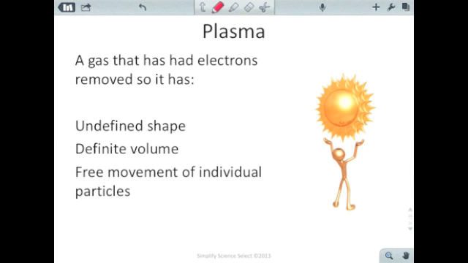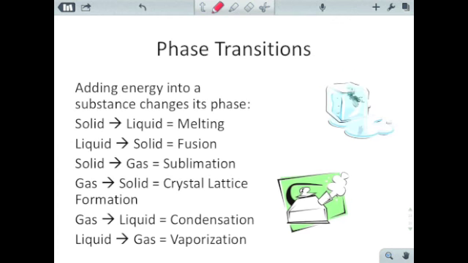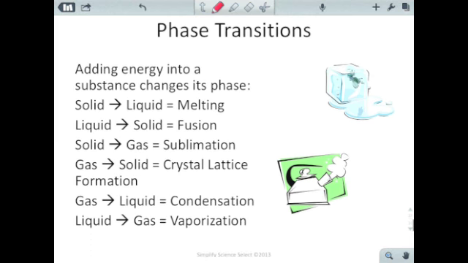Remember that water is an exception to the above rule, where the ice floats on top of the water. Now, we have to know our phase transitions, meaning as we go from one phase to another. When we go from a solid to a liquid, that's melting. When we go from a liquid to a solid, that's fusion, or we can say freezing.